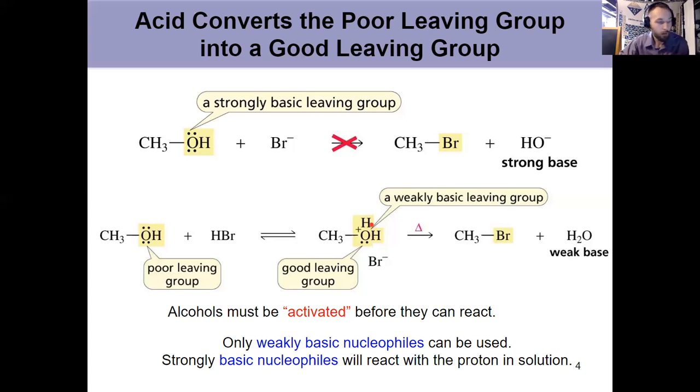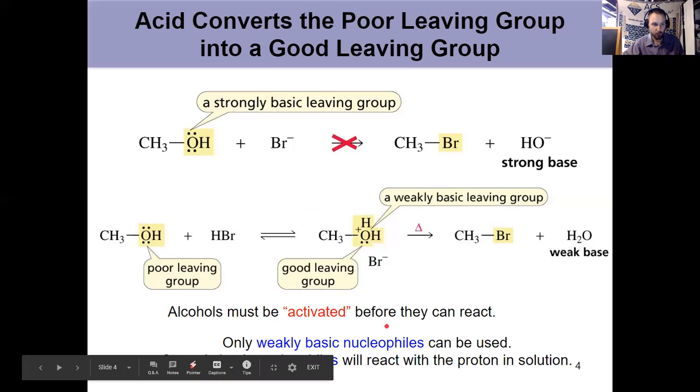But with that in mind, all of our alcohols can in fact undergo nucleophilic substitution using HBr, HI, or HCl. They just first have to be activated. Activate your leaving group, then it can proceed in a reaction with a weakly basic nucleophile.